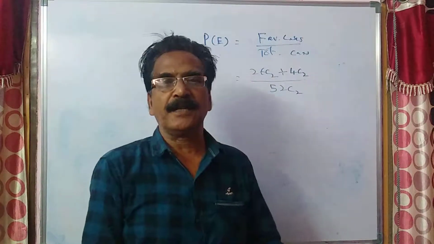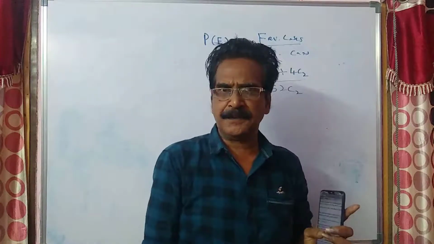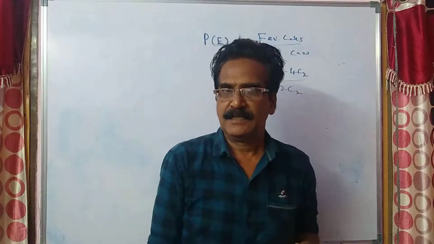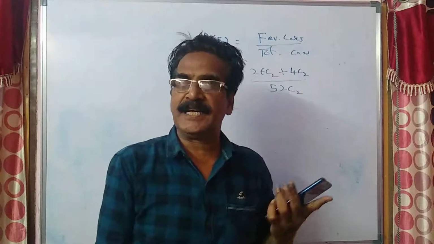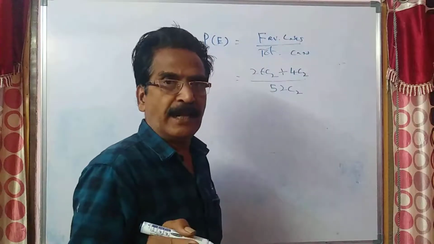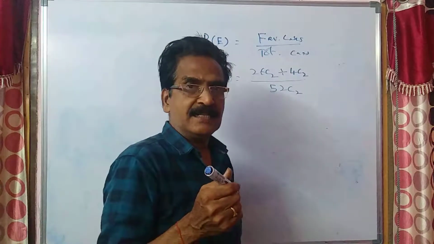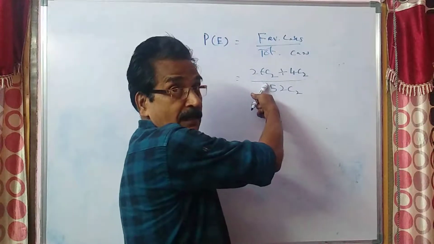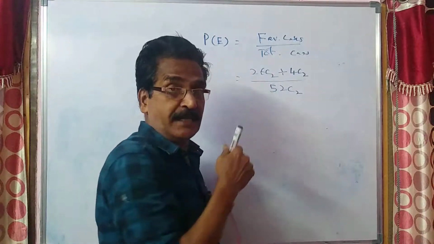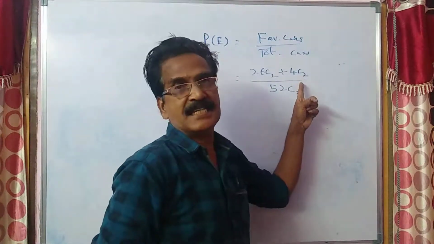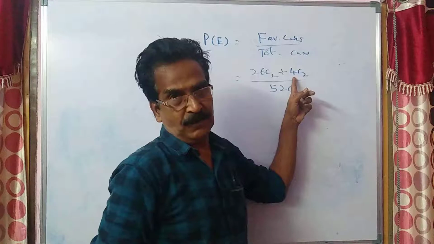Here an intersection part is there. What is that intersection? Two black queens. Since those two cards are black cards, they are included in 26C2, and two black queens are included in this 4C2 also.